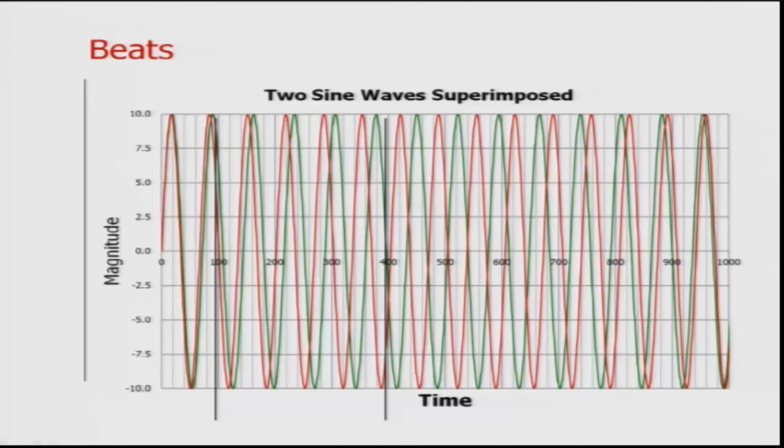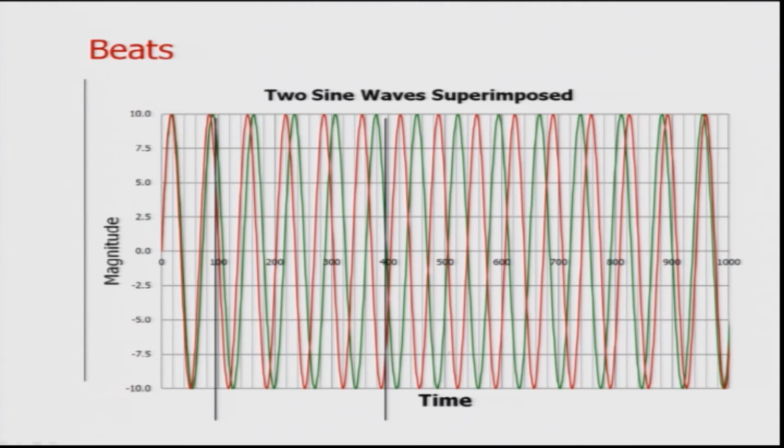So this is a mathematical representation of these waves. What you see in this picture are two waves. One wave is pictured as red and the other one is green, and their frequencies are just slightly off.